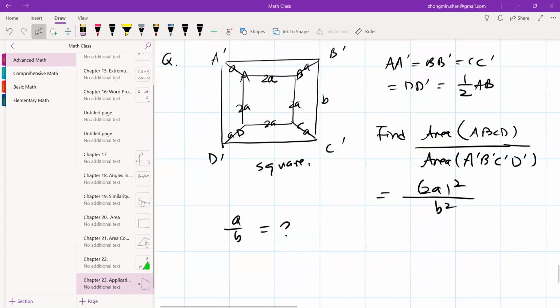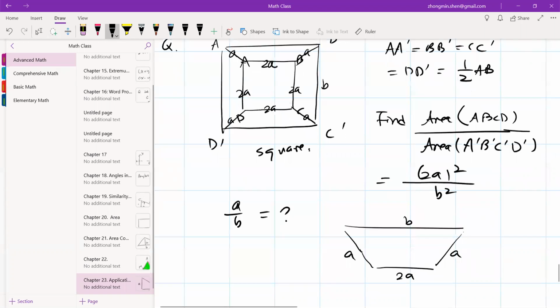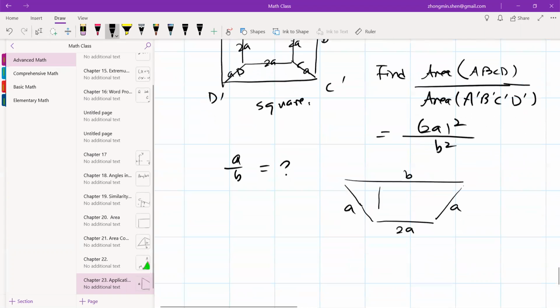How do you find the relation between A and B? Okay, let's look at this picture here. This is 2A, here's A, right? That's a B, right? So clearly, draw these two lines.